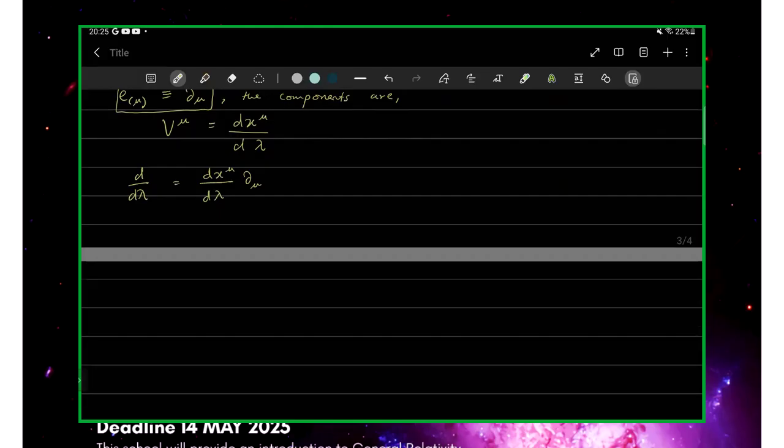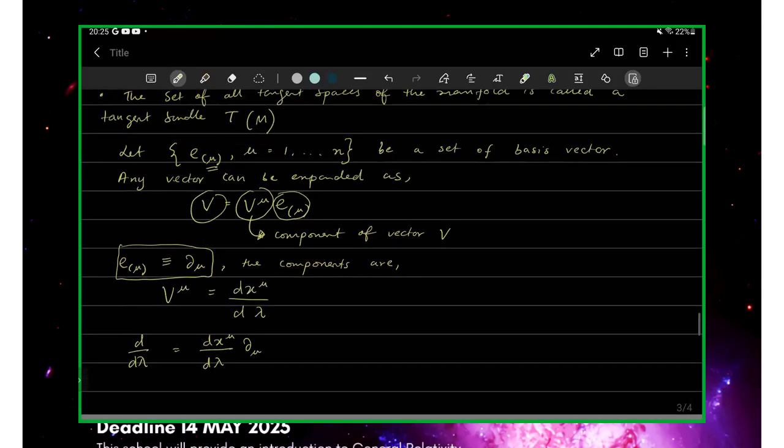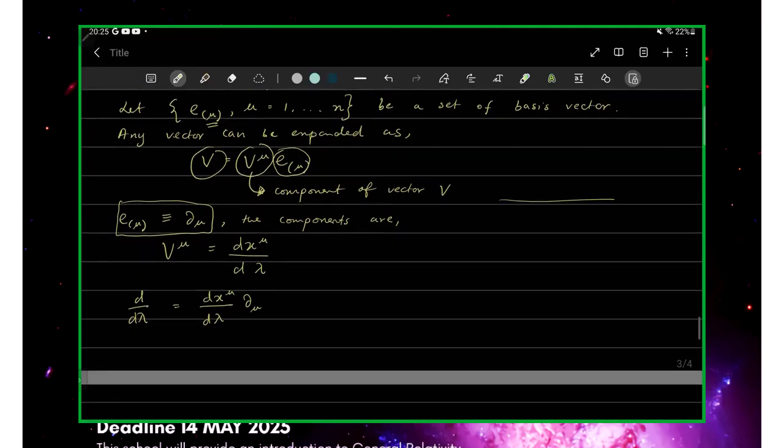Okay. Why does there exist no unique tangent space, but a set of tangent spaces, at any point in a manifold? The reason is that each tangent space is different because it is defined by E mu. E mu is changing as you move along from point A to point B, right?